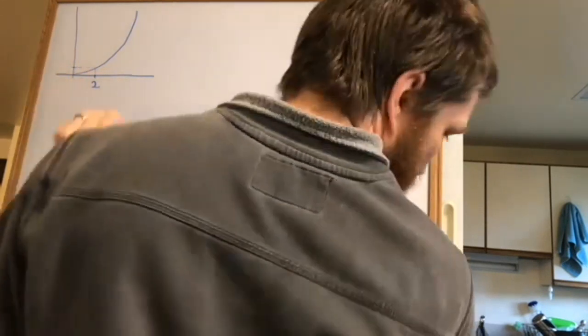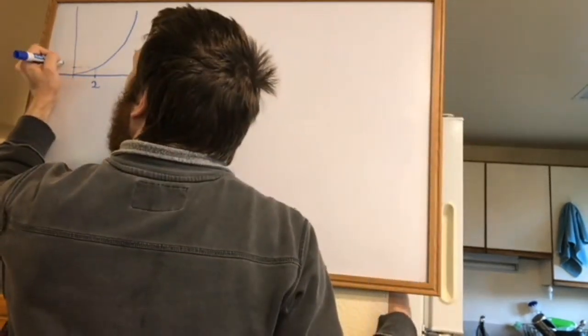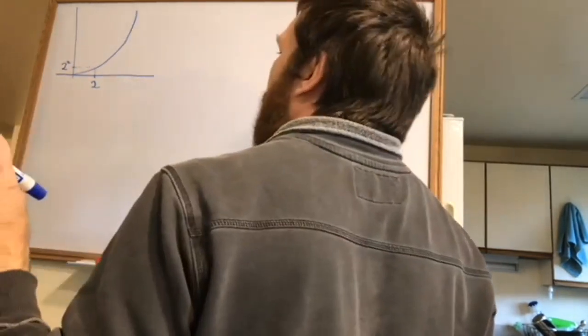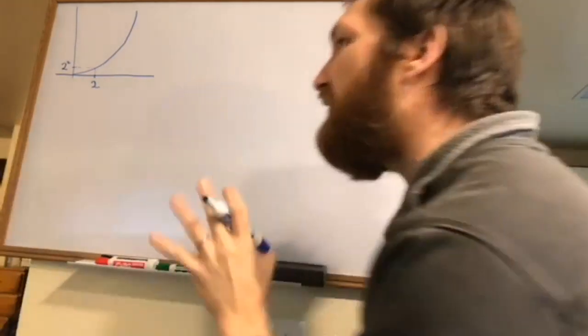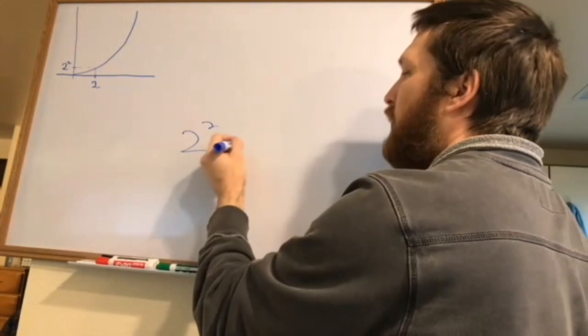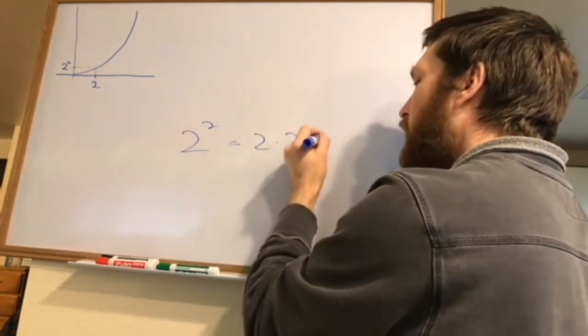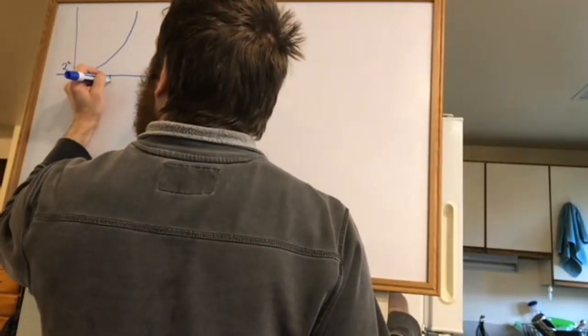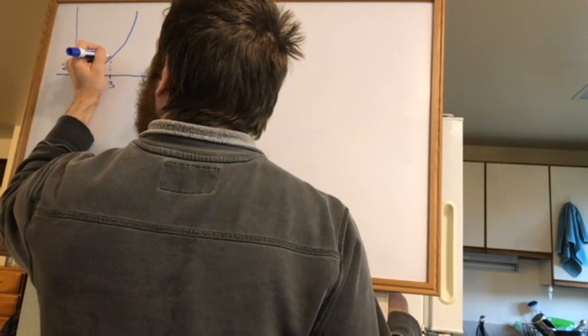A 4. But I'm going to write it as 2 squared first. By definition, 2 squared means you take 2 and you square it, which is 2 times 2, which we know is 4. So what about 3? What do I get when I take 3 and square it?